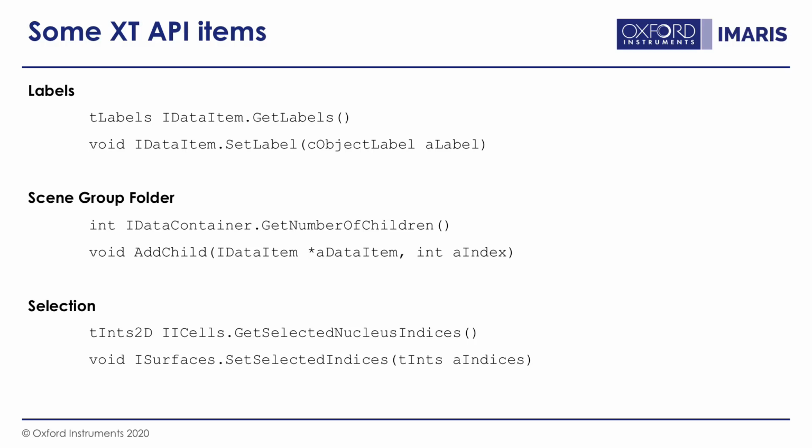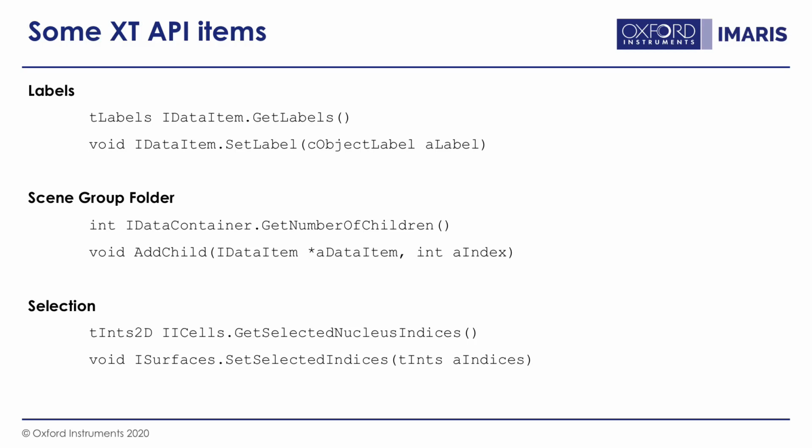So you can do getLabels, then you get this tLabels struct, and you can do a setLabel, where again you provide a tLabel struct. So tLabels is a sequence of CObject label, and CObject label is basically an ID, a label name, and a label group name.